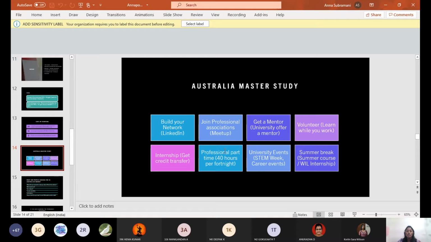There are a lot of opportunities for professional part-time work, but we have to go and find them. A lot are listed on LinkedIn or found by word of mouth through our professional network. Another thing people usually do here is participate in university events, like STEM week events and career events.